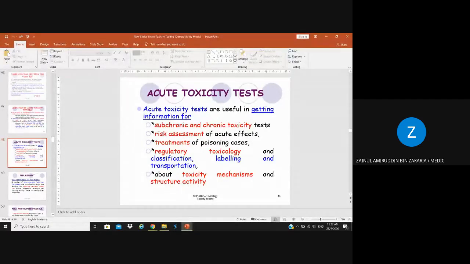However, in subchronic and chronic study, you have to give repeatedly for so many days.